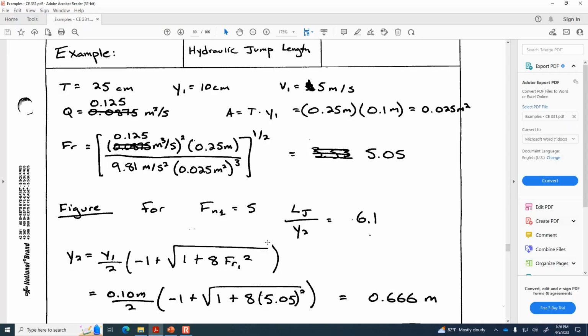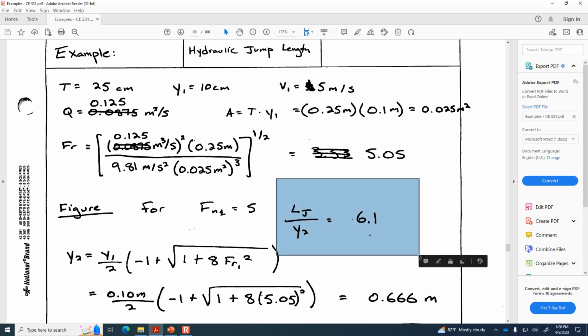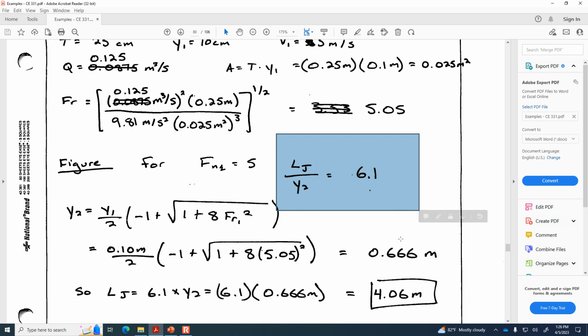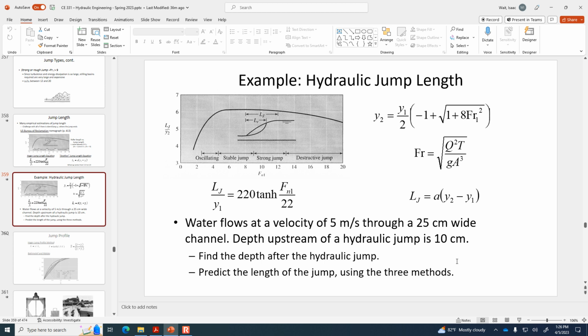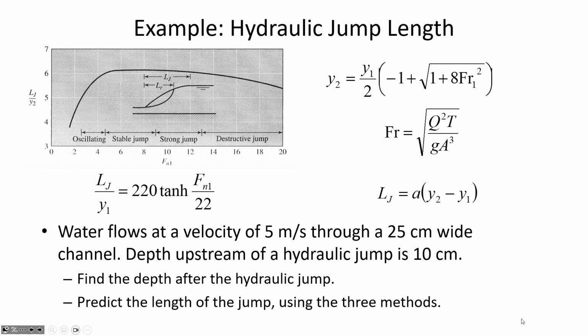So from the figure, we got this ratio of the jump length to the downstream depth, and multiplying that by the downstream depth, 4.06 meters.